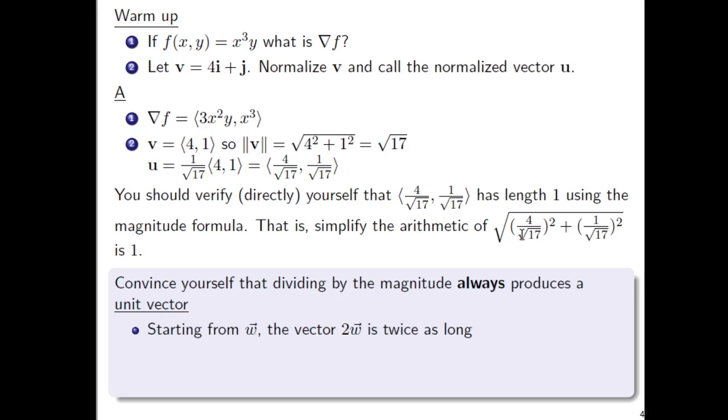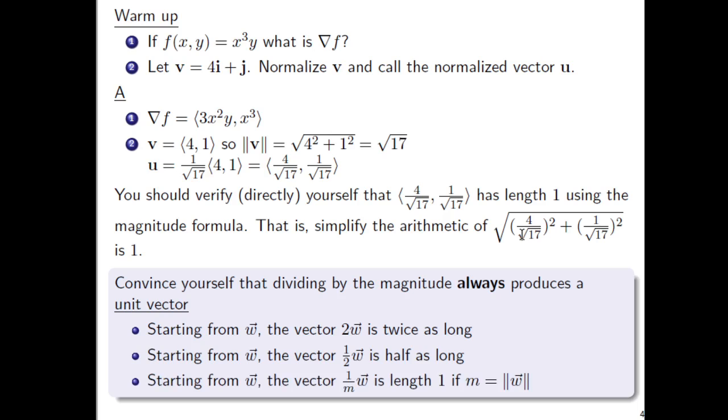In a similar way, if you start with a vector w, then 2w is twice as long as w was, and 1/2 w is half as long as w was. And if you keep extending this, multiplying a vector w by 1 over m produces a vector of length 1, as long as m is the magnitude of the vector w.